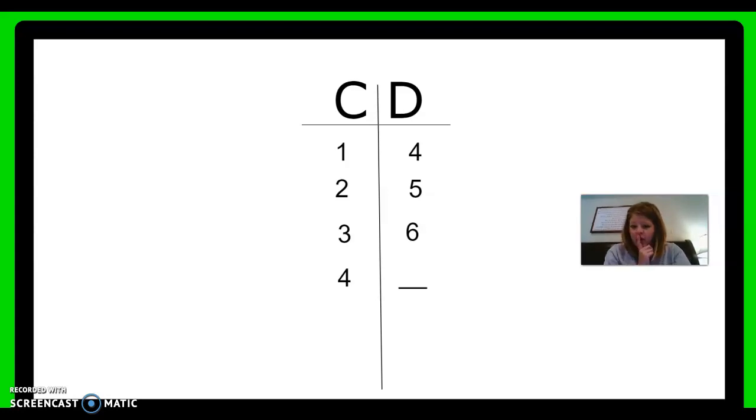So from 1 to 4, 2 to 5, 3 to 6. Shout out your answer. Did you get 7? If C is 8, D is 11. How did you get D?